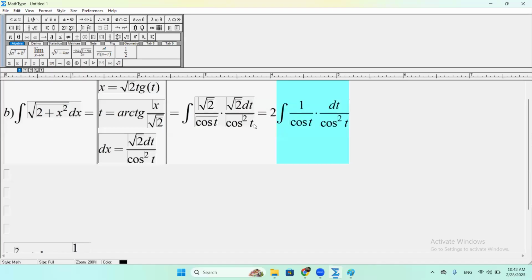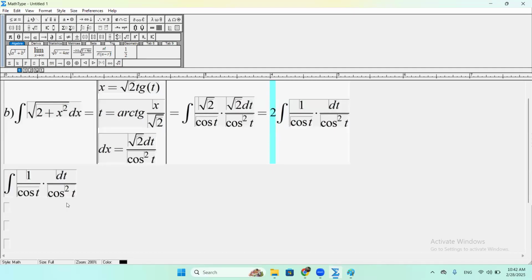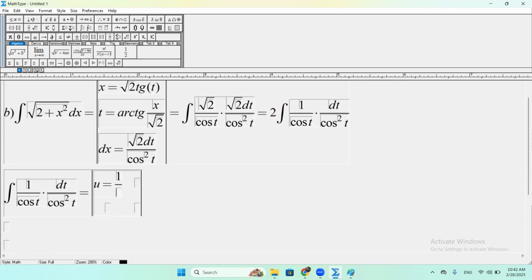I will take this integral by parts. Don't forget about 2, but we will return to it later. So u will be equal to 1 over cosine of t.